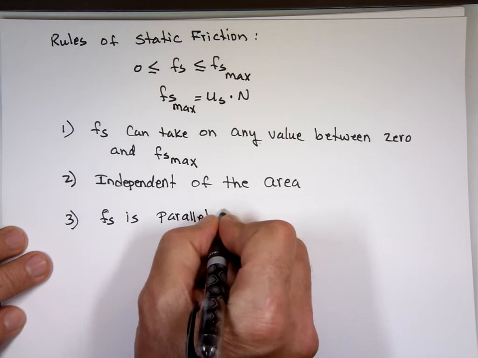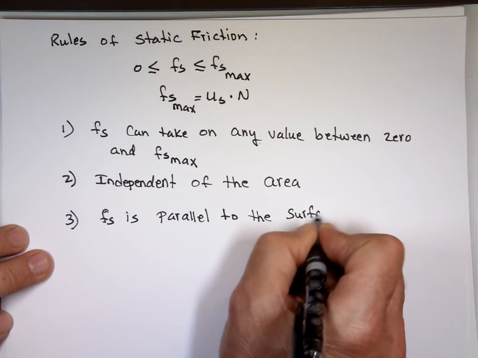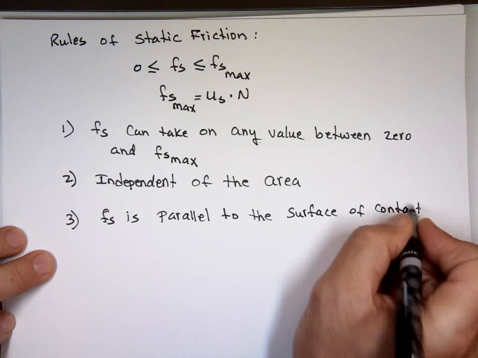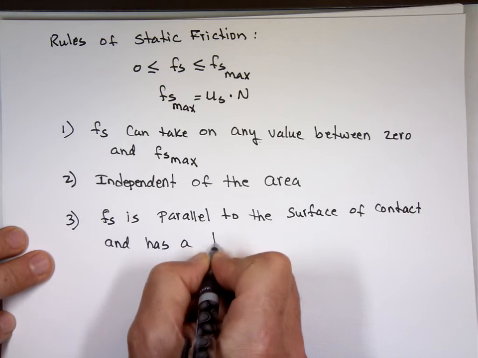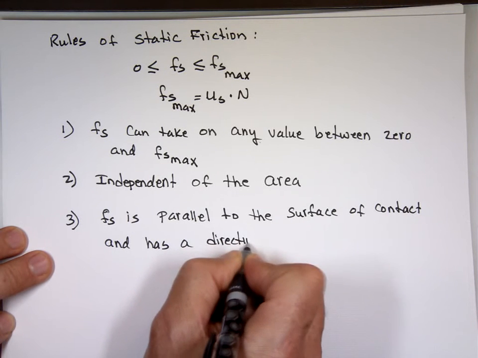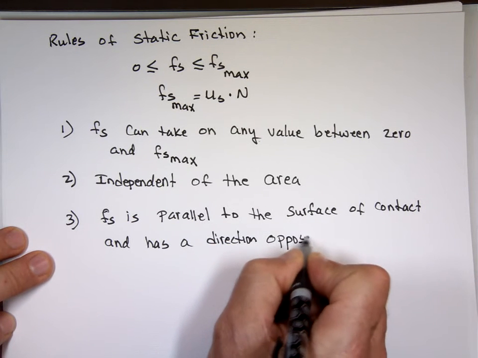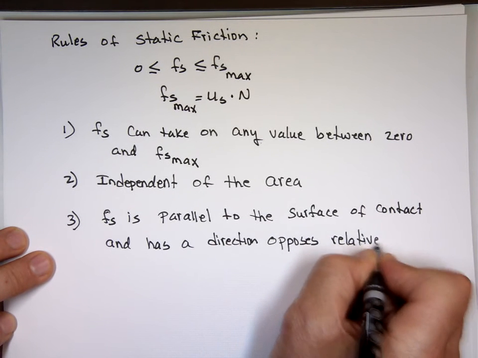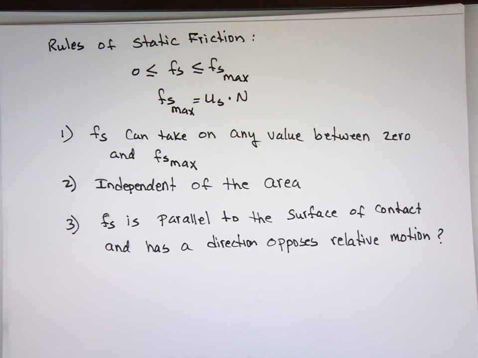And it has a direction that opposes the relative motion. If the object were to move because you're pushing on it, it's going to be pointing in the direction backward to it. So these are the properties of it.